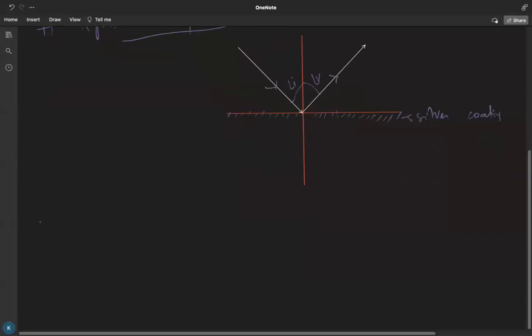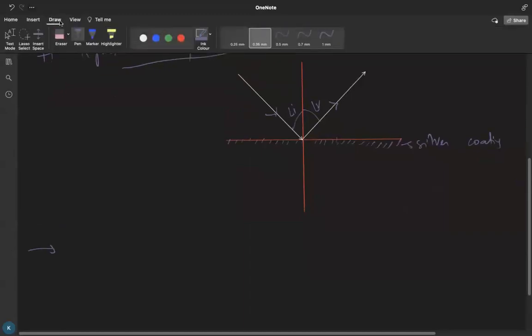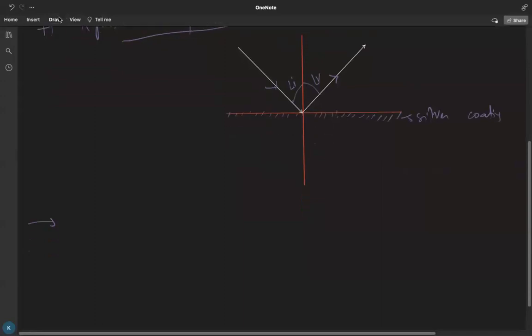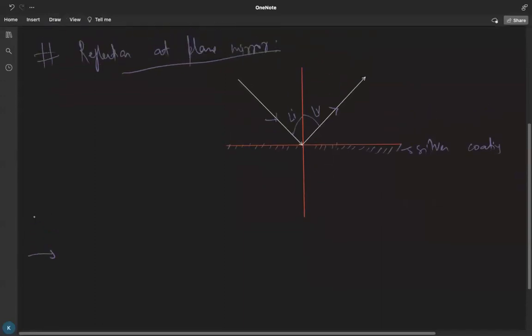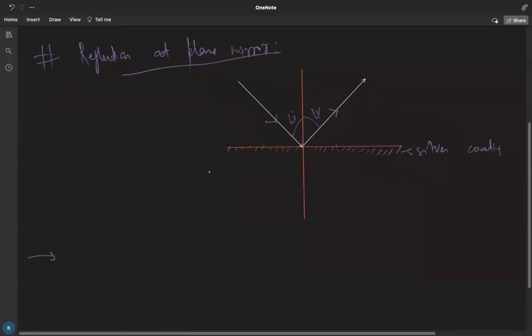So let's start. The first thing is, what is a plane mirror? So this is a plane mirror, right? A plane mirror is a thin glass plate which is polished on one surface with silver coating, right? So let me write it here. What is a plane mirror?